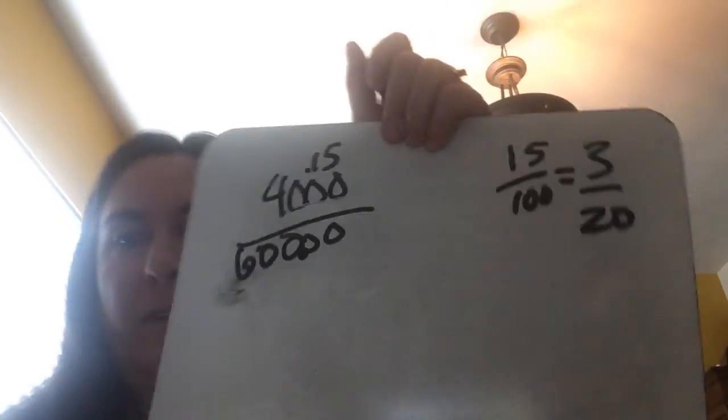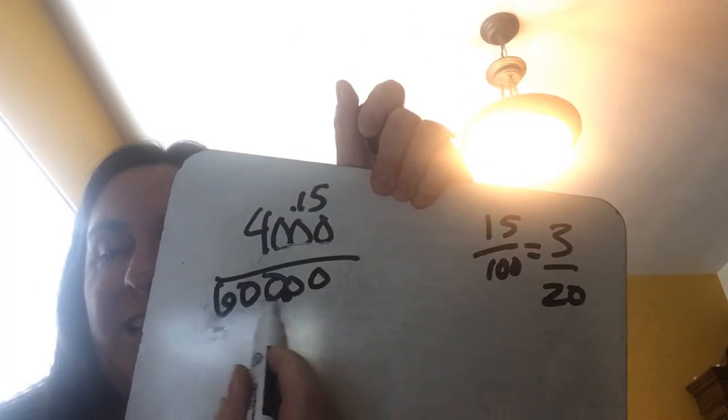Okay, so I'm going to multiply first. I like to have the zeros on the bottom. Okay, here's my decimal. So 600 adults.